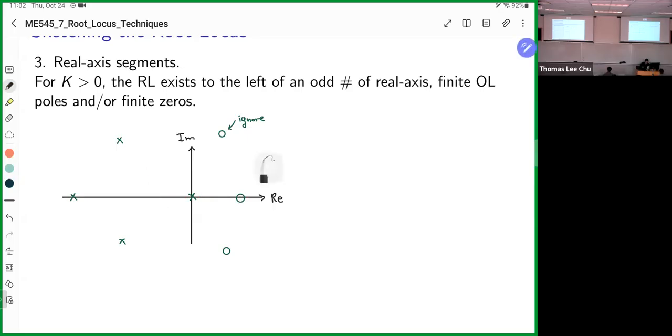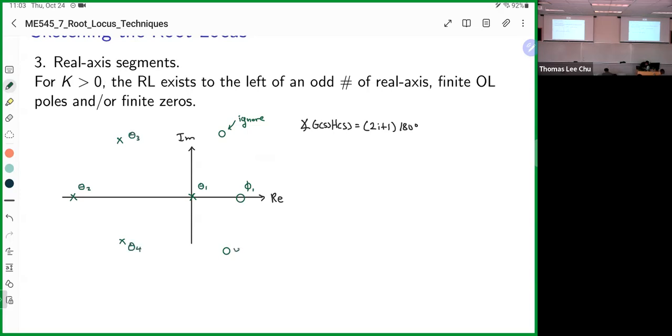To do that, we use the angle criteria, where the angle of G(s)H(s) is going to be equal to (2i plus 1) multiplied by 180 degrees. I'm going to call the angle of this zero psi 1, the angle of this pole theta 1, the angle of this pole theta 2, this angle theta 3, and this theta 4.